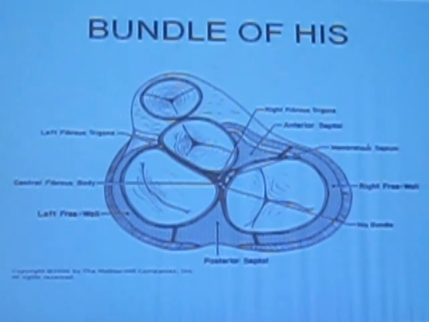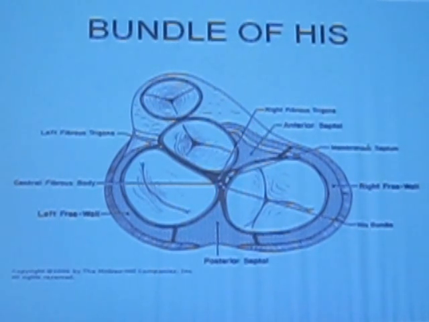In addition to that, two other valves, the semilunar, aortic and pulmonary. So this is all the fibrous skeleton of the heart. This is the left side, the left fibrous trigone. And here, this is the right fibrous trigone.